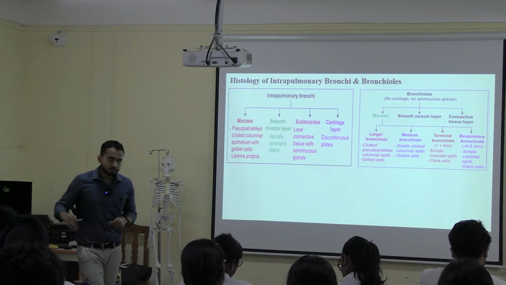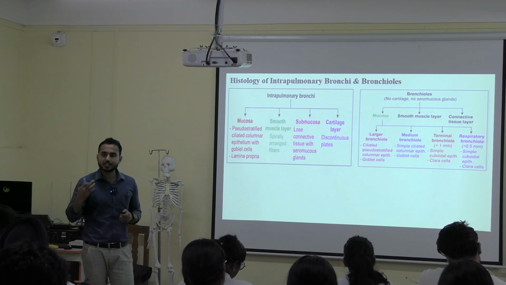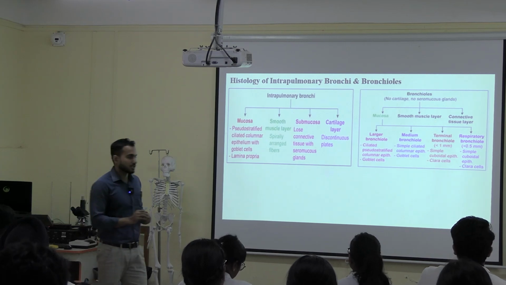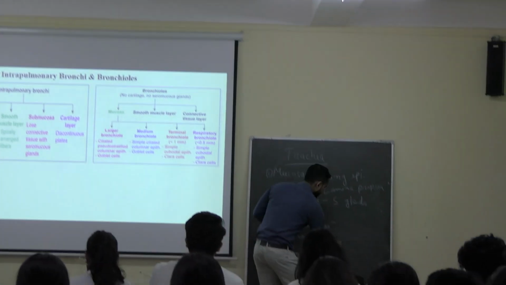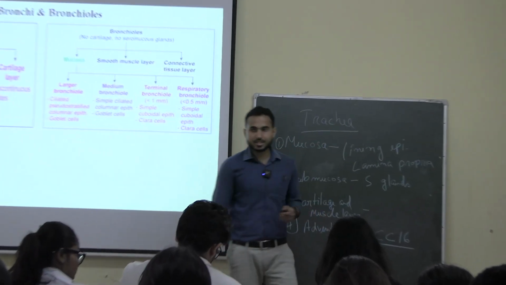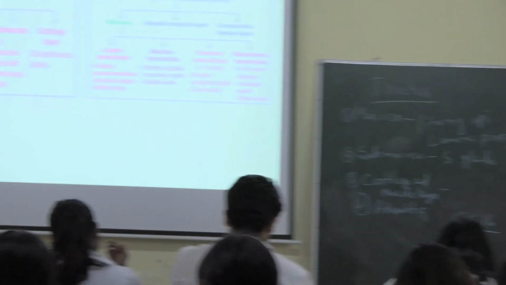They are also producing surfactant, okay, and that will prevent the collapse of the bronchiole whenever a person is breathing. And these Clara cells, whenever they are secreting the surfactant, there is a biomarker and that is called CC16. Okay, this is called CC16.